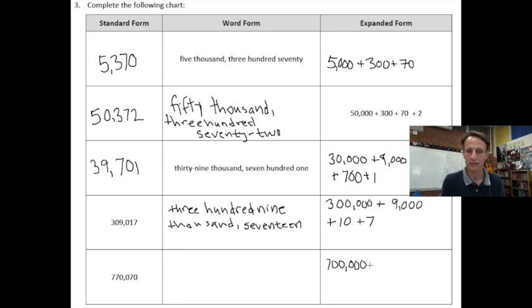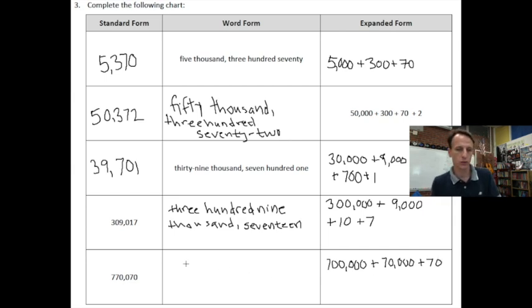The one beside it is in the 10 thousands place, so its value is, well, 7 10,000 is, got it, 70,000. The 0 in the thousands place we don't need to bother with. And then we just have a 7 over in what place? In the tens place. So its value is 70.